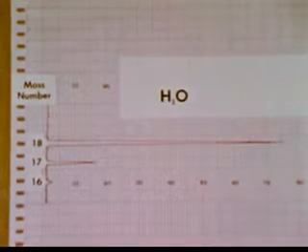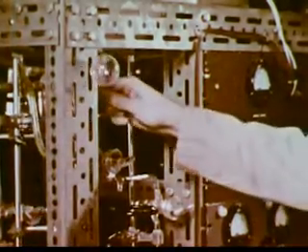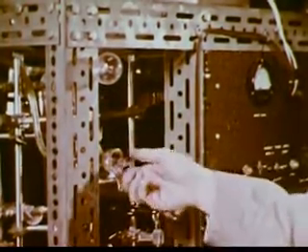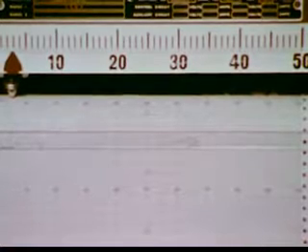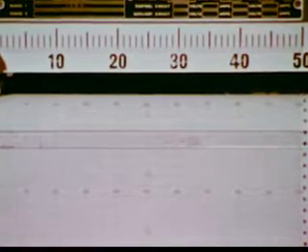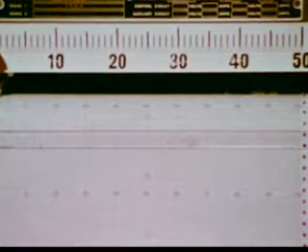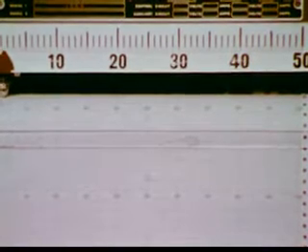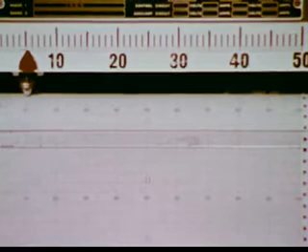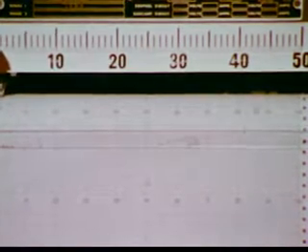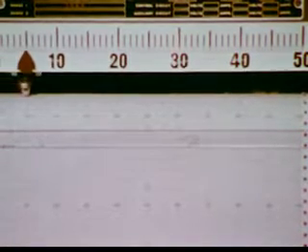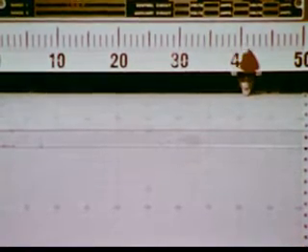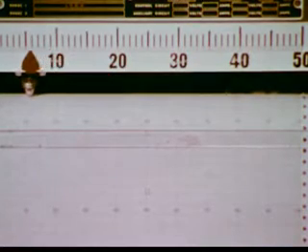Now let's try the water enriched in oxygen 18. Here's the O16 peak. Then the peak due to OH of mass 17. And the big peak due to ordinary water of mass 18.